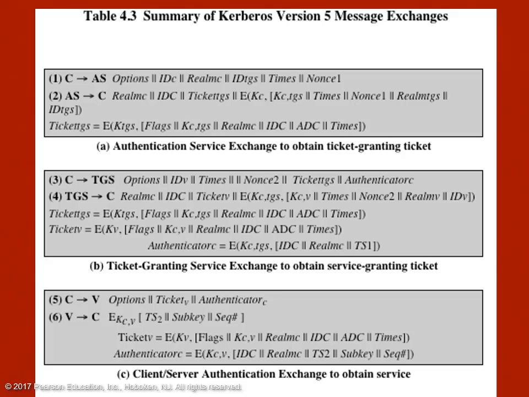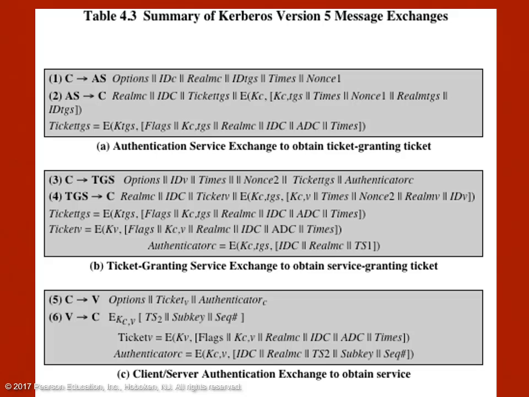Finally, for the client-server authentication exchange, several new features appear in version 5. In message 5, the client may request as an option that mutual authentication is required. If mutual authentication is required, the server responds with message 6. This message includes the timestamp from the authenticator. Note that in version 4, the timestamp was incremented by 1.